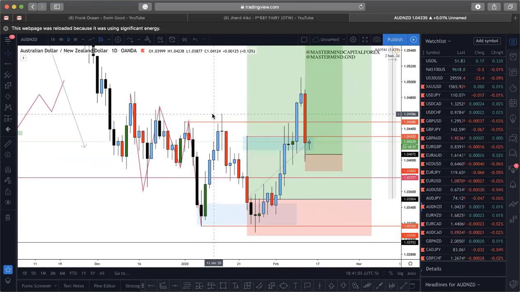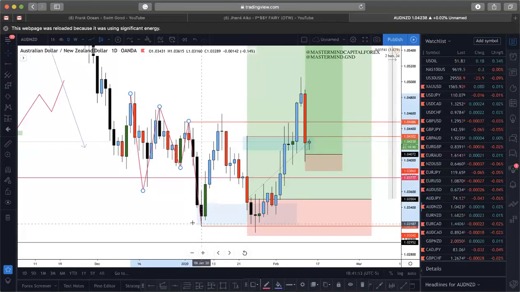The market just made a higher high. So now I'm expecting that when the market does pull back, it doesn't go beyond this low, right? Because I'm expecting it to be an uptrend, so I'm expecting higher highs and higher lows.